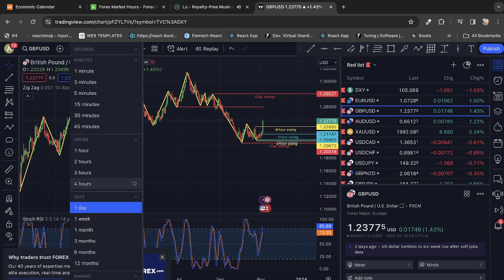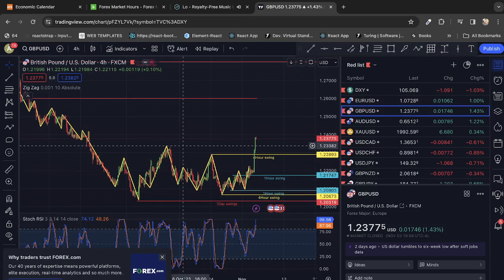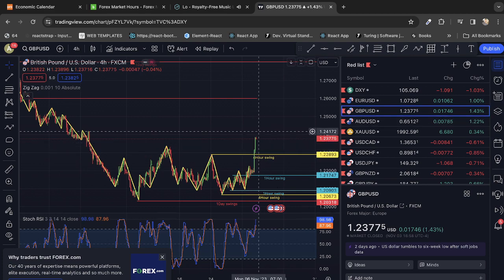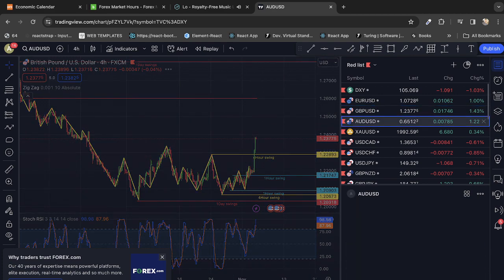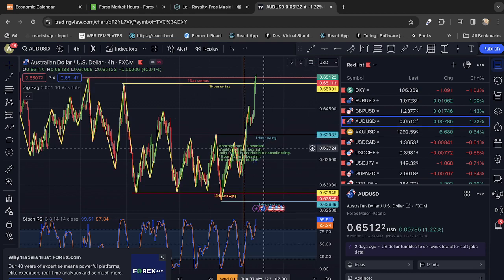So if we come to the 4-hour time frame, we are not surprised that it is looking bullish. I think I've said that pretty much when I analyzed the EUR USD. So we are not surprised to see bullish signs on the 4-hour time frame. And the same thing goes for the Australian dollar and other trading pairs, especially, like I always mention, the major trading pairs.